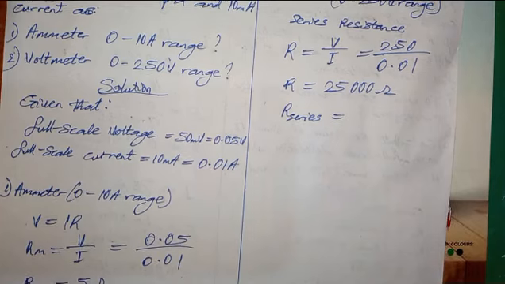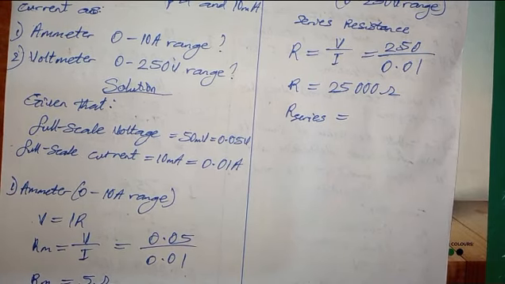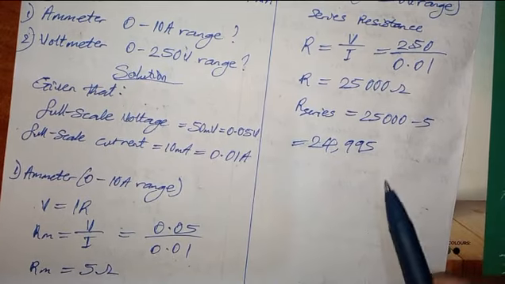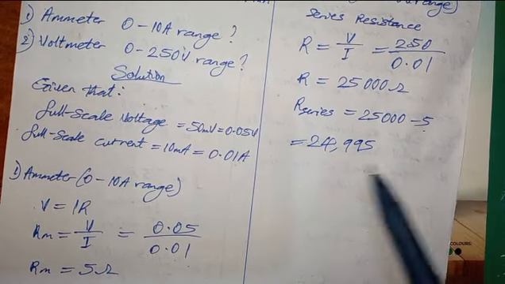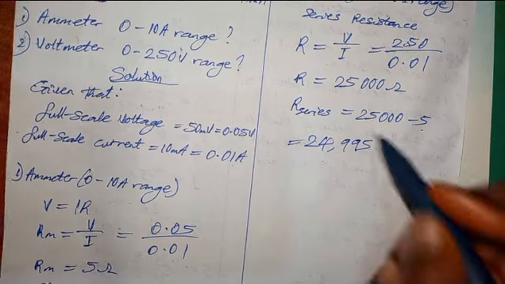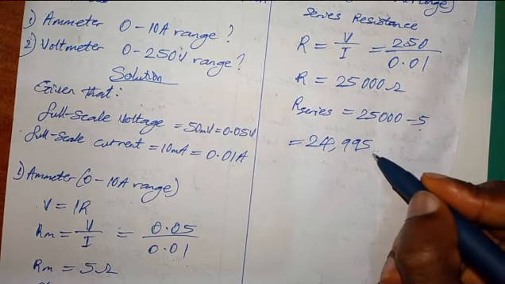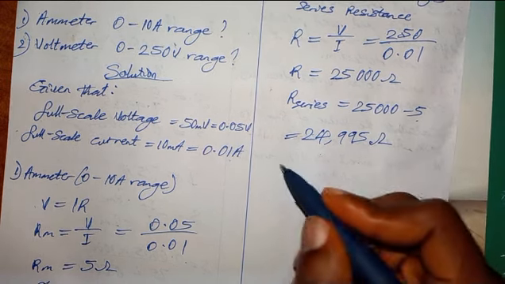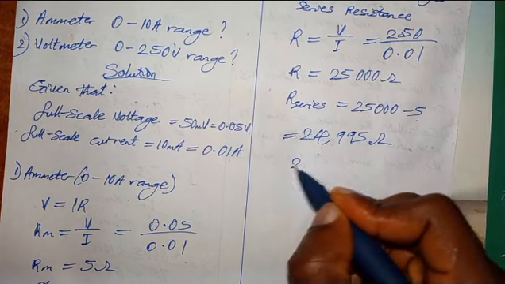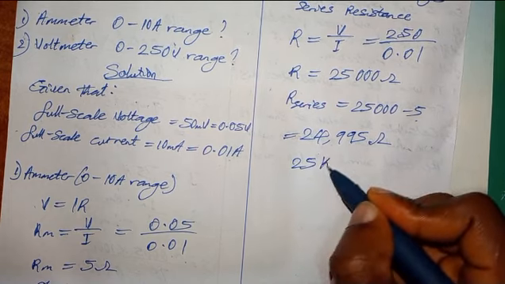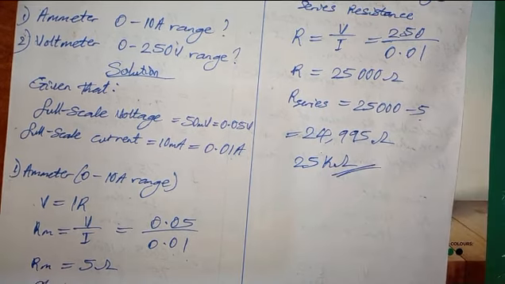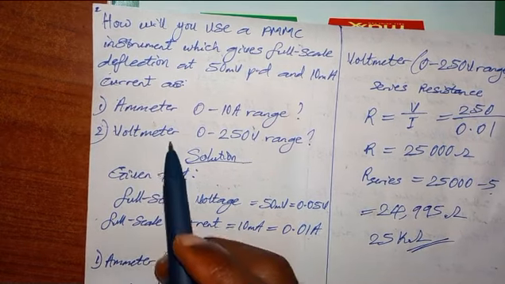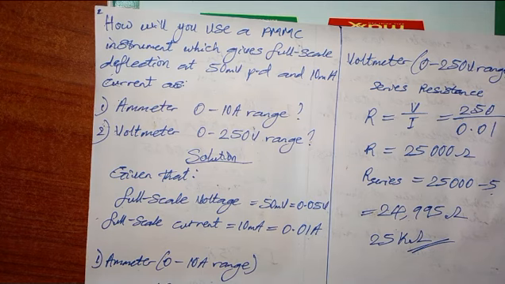That will be 25,000 minus 5, which will give you 24,995 ohms, approximately 25 kilo ohms. So that's the answer to the question that was given here. So for the first one and the second one, those are the answers to those questions.